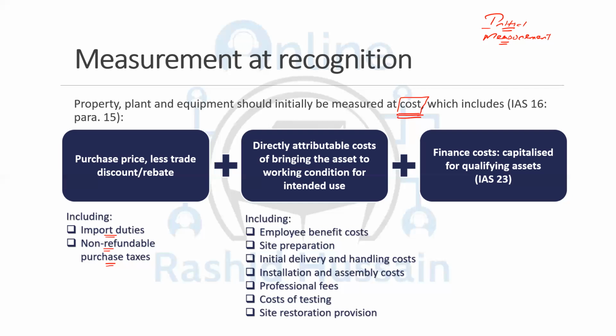Someone professional is coming to test it. That cost of testing should be capitalized, but that should be a one-off testing. Sometimes you're testing the machine yourself, and in testing, you're making blunders, and every time you bear a loss on it, that should not be capitalized. I'm talking about a one-off testing.